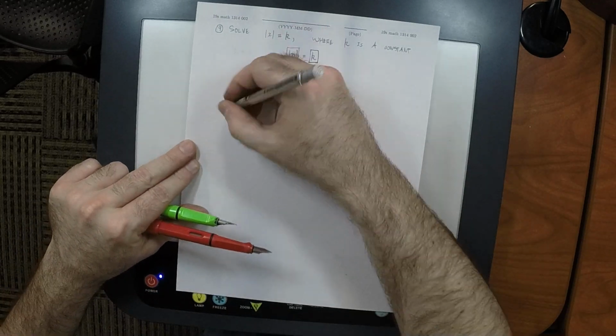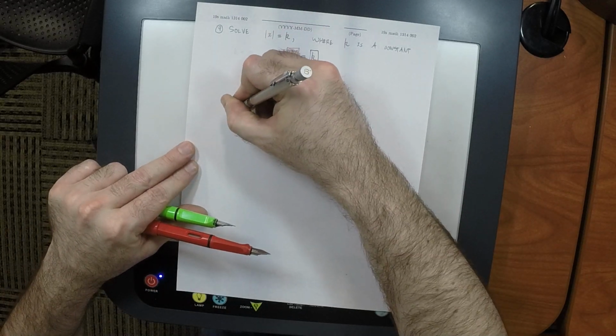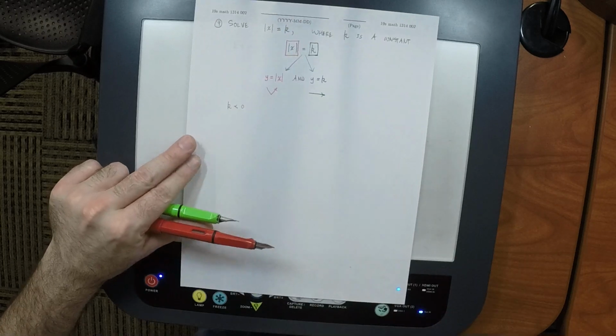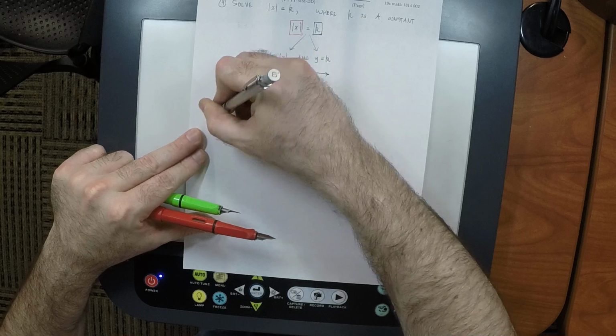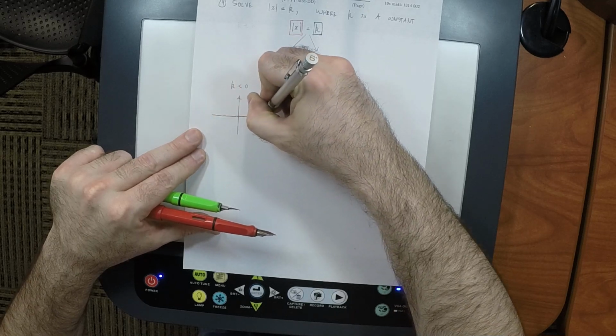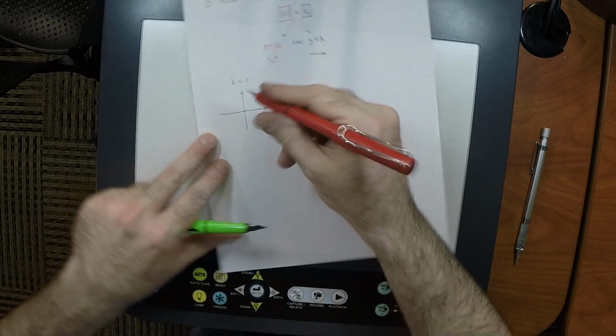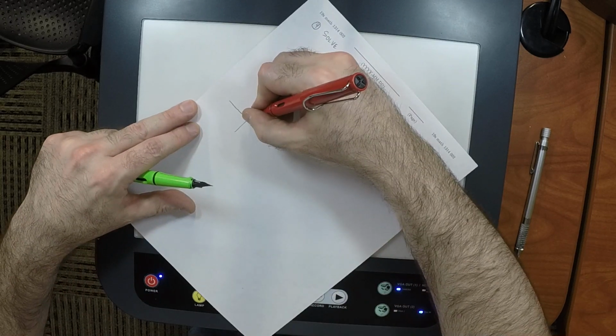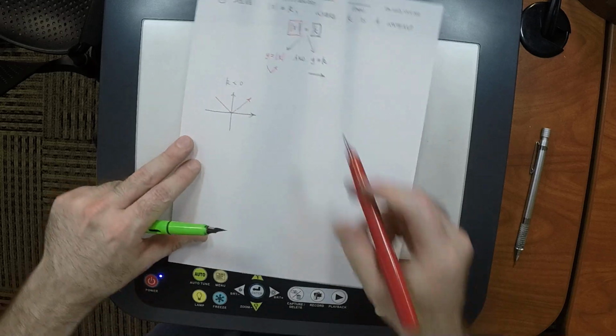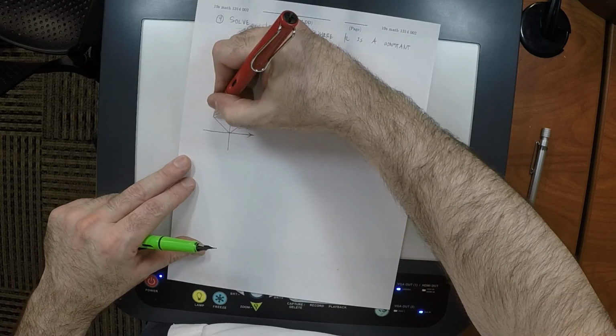So one possibility is that k could be negative. In this case, we still have this V here, and y equal to k will be a horizontal line.